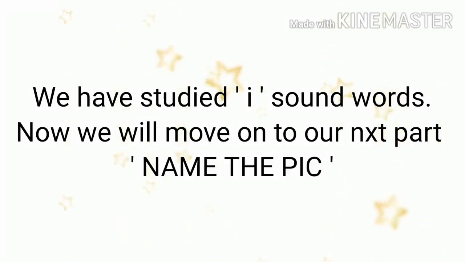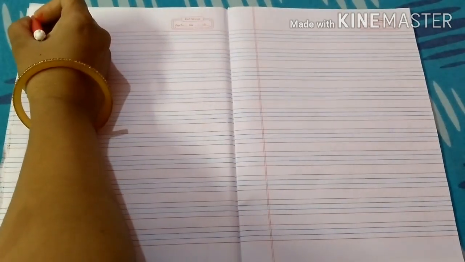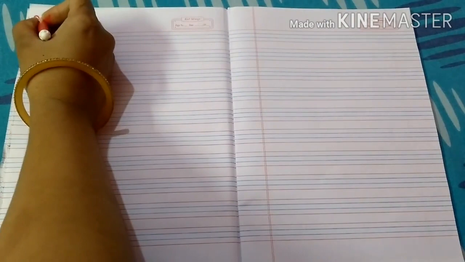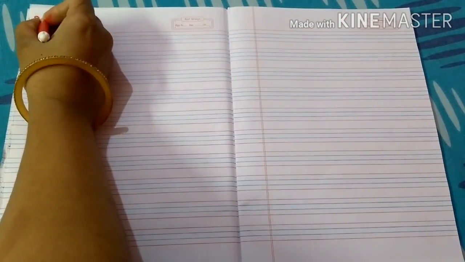So students, we have studied I sound words. Now we will move on to our next part related to this, that is name the picture of these I sound words we have studied now. Again write down date here in this box.